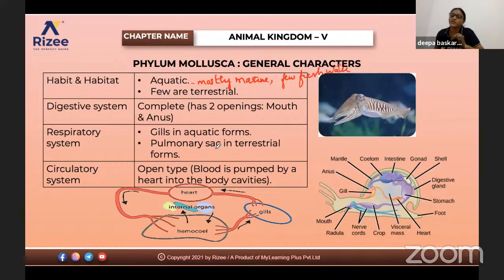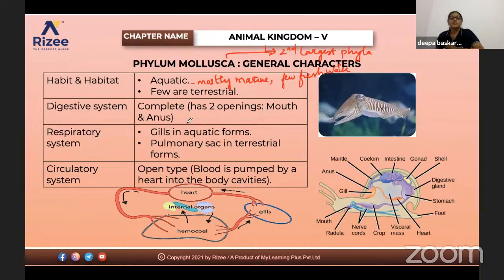Some are terrestrial also. And this is the second largest phylum. First is arthropods, second largest. A question may be asked: the second largest phylum in the animal kingdom, Animalia, is mollusks.